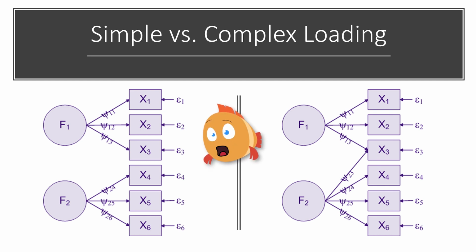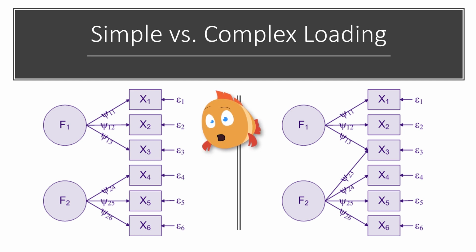Now there are some implicit arrows here that force our model to be uncorrelated. So for factor 1, you could pretend that it does have arrows to 4, 5, and 6, but those arrows are zeros. It's saying it's unrelated.